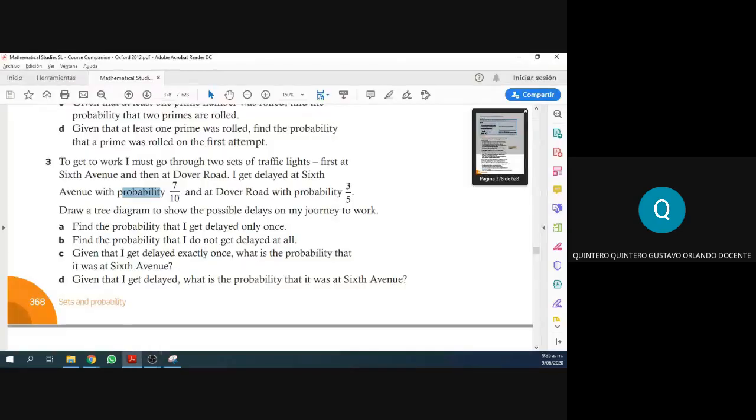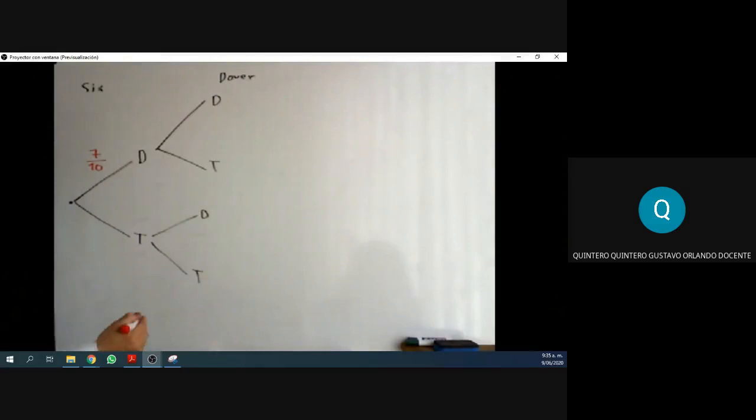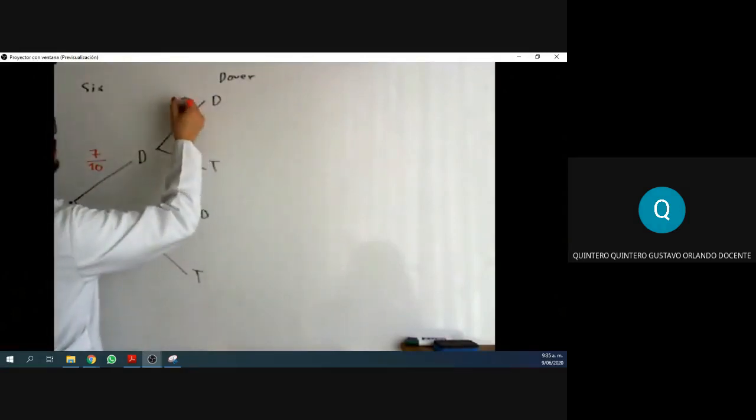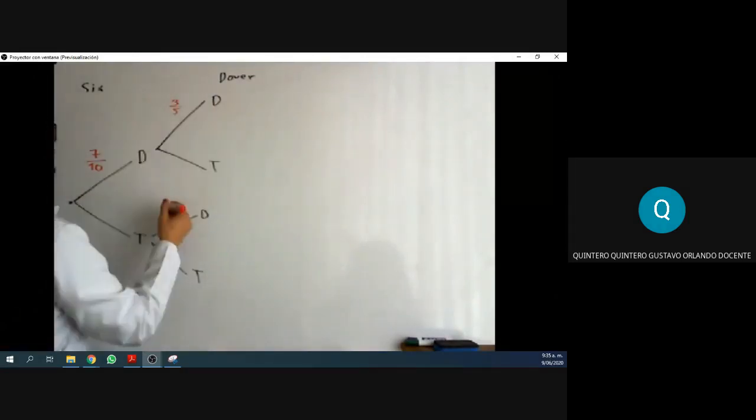Also, we have another piece of information. At Dover Road, we get delayed with a probability of 3/5. So if I go here, 3/5.